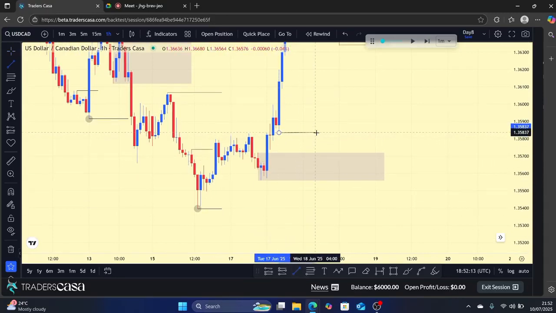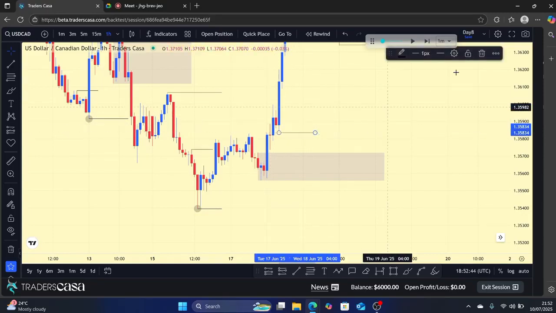If you were not good at identifying valid pullbacks, you may find it hard, or you may sometimes mark the engineering liquidity, the inducement, incorrectly because you don't know how to identify a valid pullback. If you know the rules of identifying a valid pullback in a bullish scenario, you can clearly see that this one here cannot qualify as a valid pullback, and that's the reason why I didn't use that low.